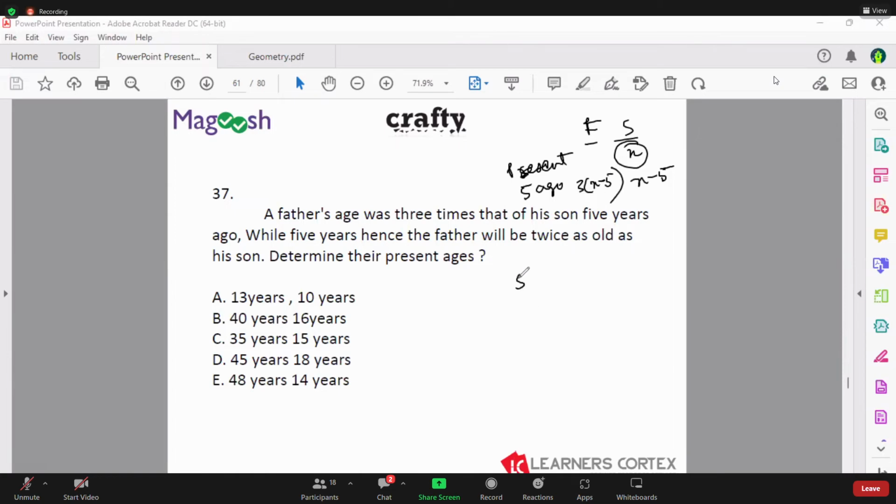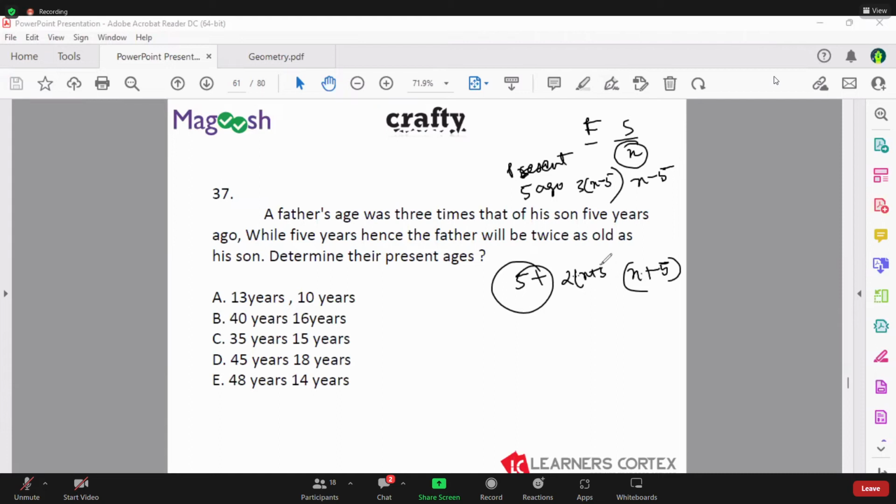And here it says that 5 years hence, like 5 years later from present, the age of son would be x plus 5, and the father's age would be twice as old as son, so it becomes 2 times of x plus 5.